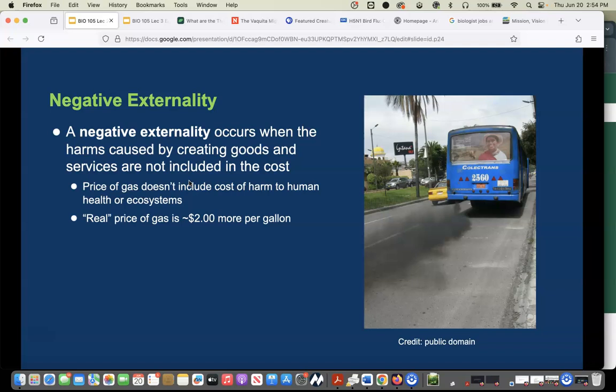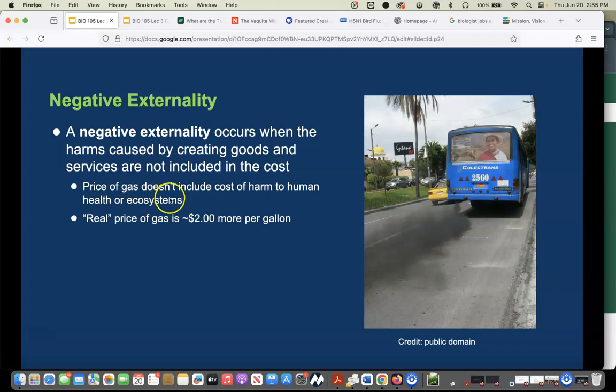Okay, so negative externality. A negative externality occurs when the harms that are caused by creating goods and services are not included in the overall cost, right? And this happens quite often.